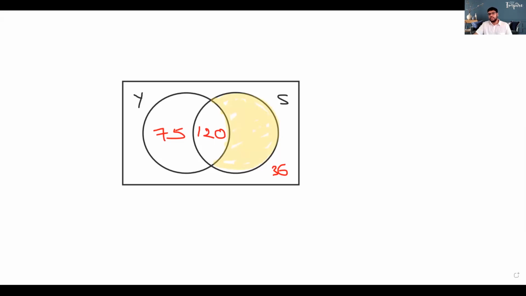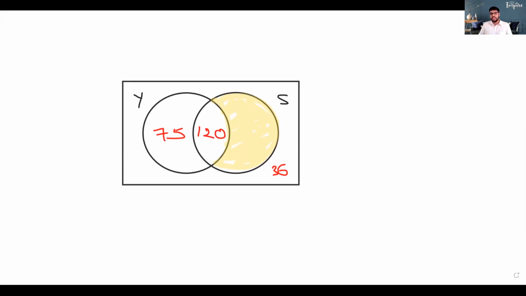So without Yala, just Sigiriya. We don't know that region yet. Then it says the number of tourists who have been to only one of the above two places is 110. Find the number of tourists belonging to the shaded region.